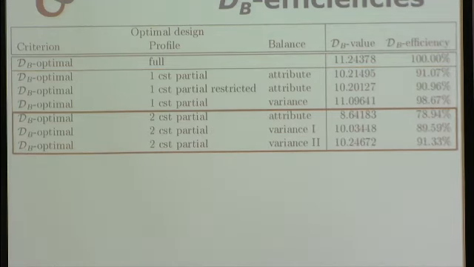We observe the same phenomenon when we generate designs where we hold two attributes constant. Here too, the variance balance approach, and we have two slightly different versions of that, does better than the attribute balance approach. And you can see that the informational content of our experiment drops even further when measured by the Bayesian d-optimality criterion. That's the statistical information content.